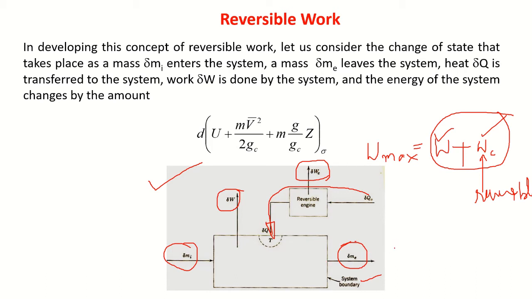Again, it will have its kinetic energy, its enthalpy, its potential energy, its entropy. And some amount of energy might get stored. If this is greater than this one, it may get stored. If this is less than this, it may reduce. So that part is this.